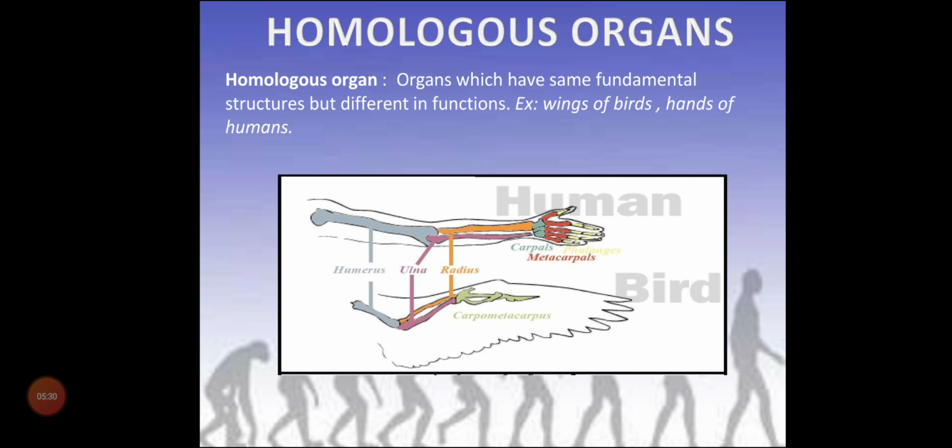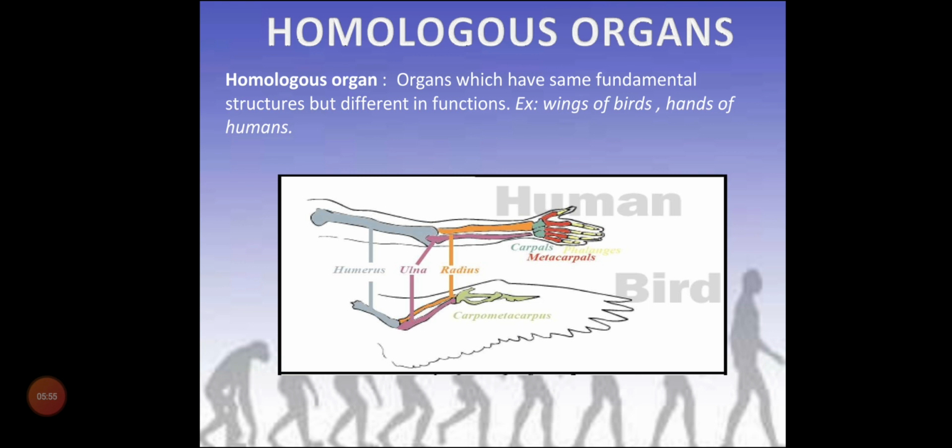Pentadactyl limbs of the ancestral vertebrate became modified according to the special needs of the subsequent generations during the course of evolution. The modifications in the limbs of these vertebrates include reduction in the number of digits.